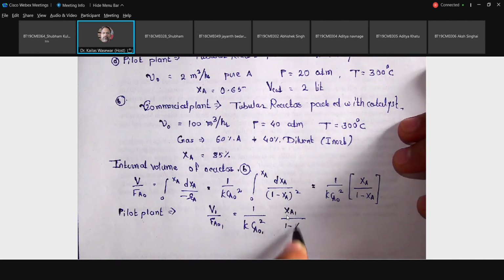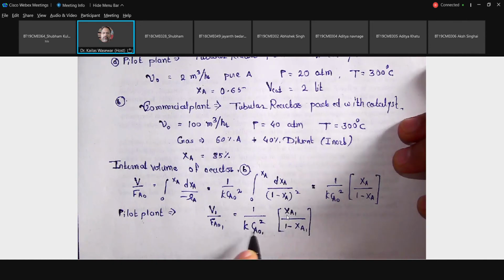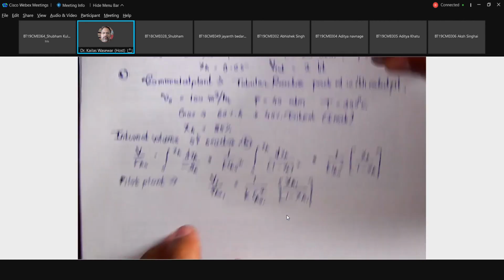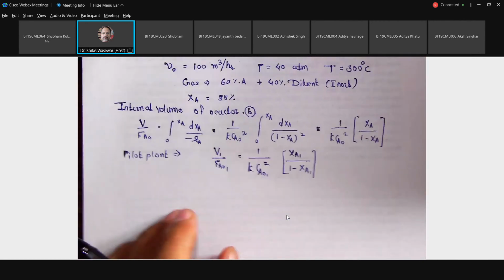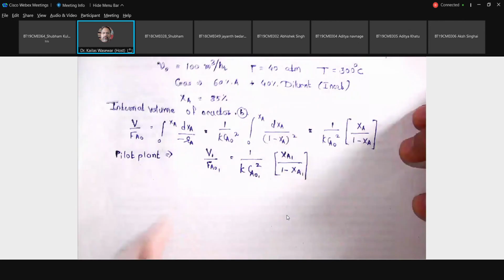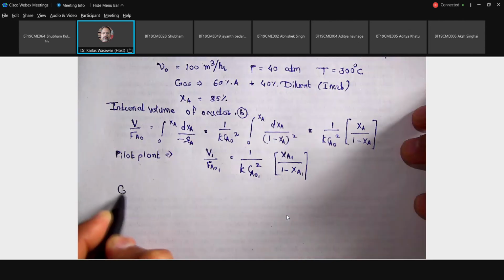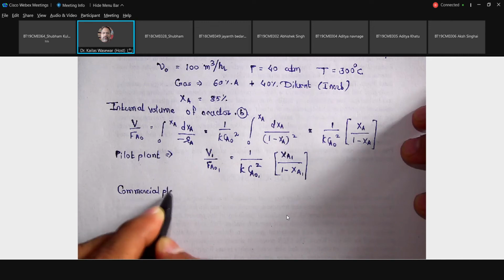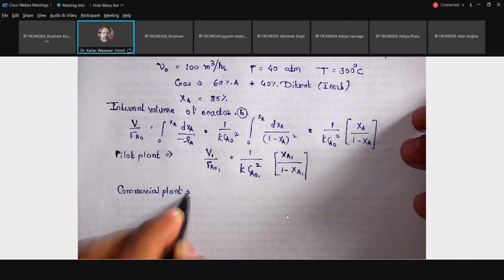We have to perform the same reaction so that this K will be as it is. It will not change. We have to find out the reactor volume in terms of the volume of catalyst. Commercial plant, this will be V2.